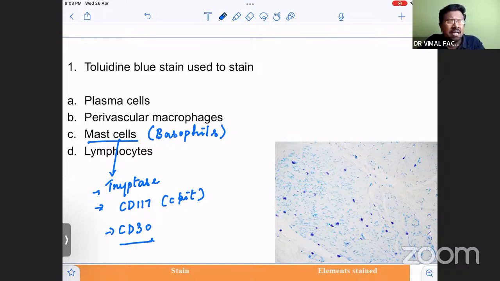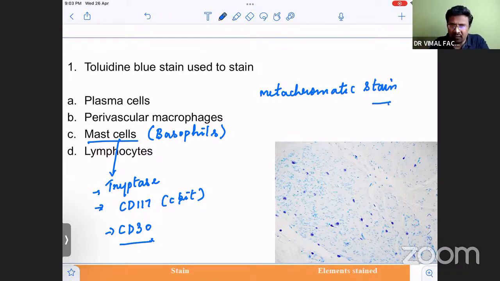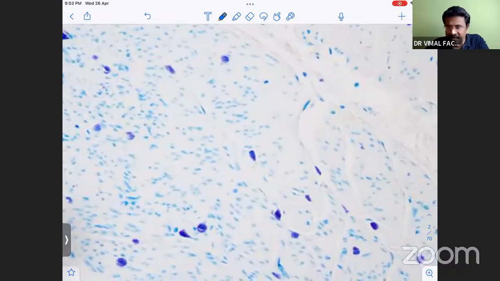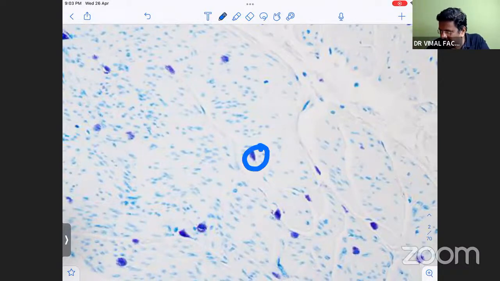And another special thing about toluidine blue is that it is called a metachromatic stain. What do you mean by metachromatic stain? Actually, the dye will be of one color and the stained cell will be of the other color. You can see from this image, the stain is in blue color, and among this blue color you can see this purple color mast cell.